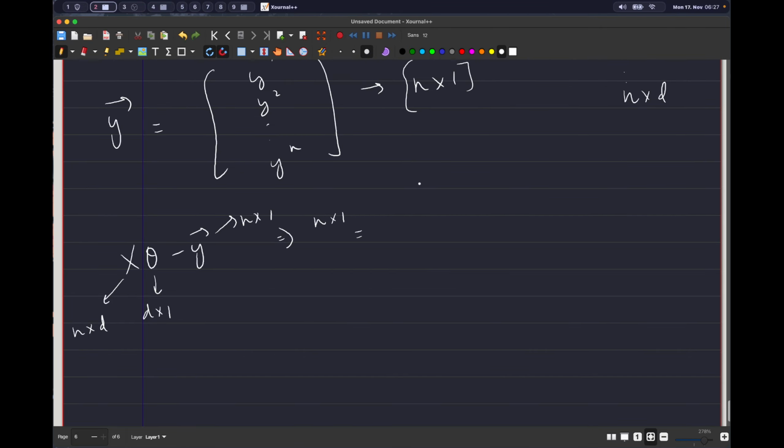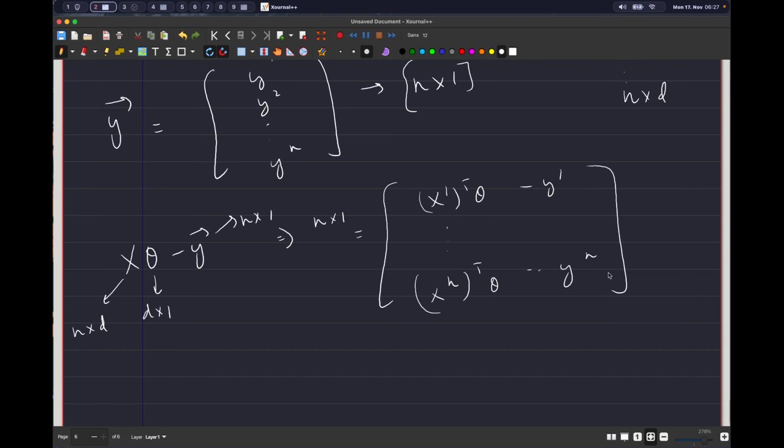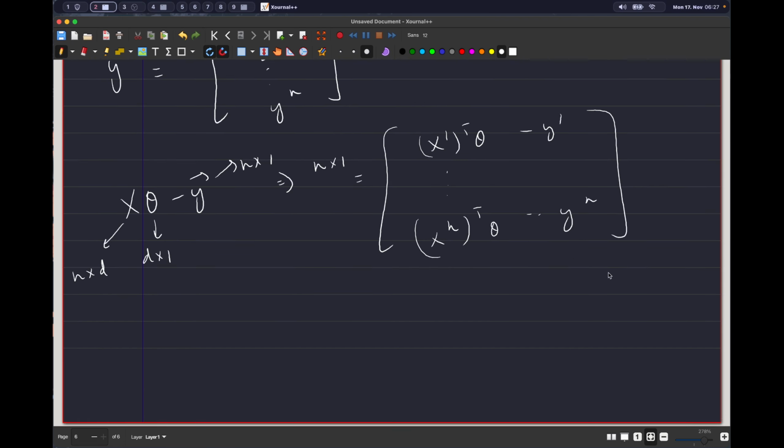So it can be written as x1 transpose theta all the way up to xn transpose theta, minus y1 all the way up to minus yn.